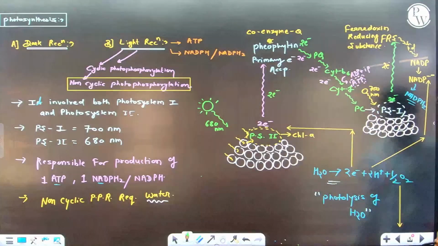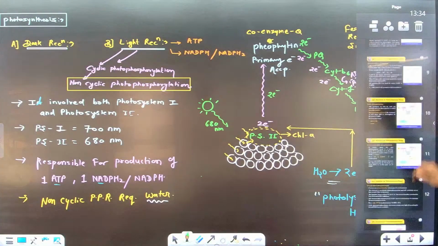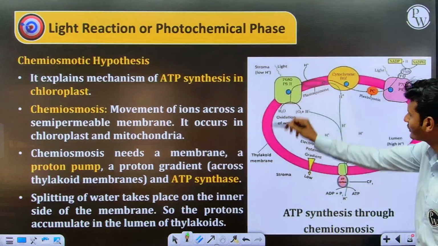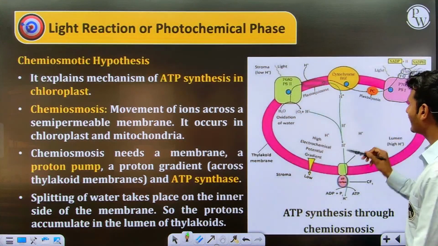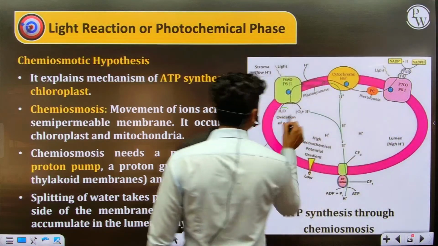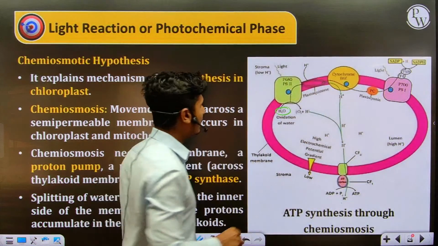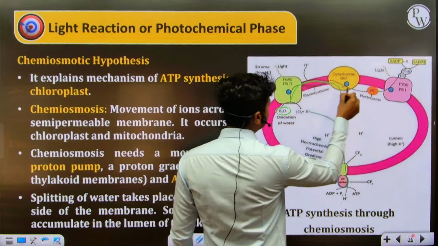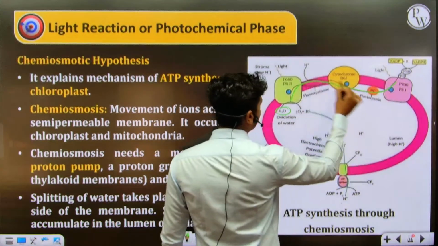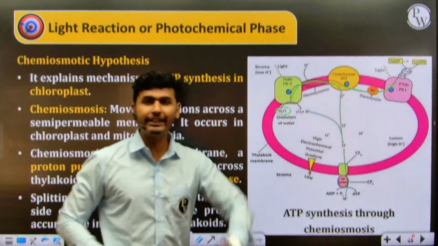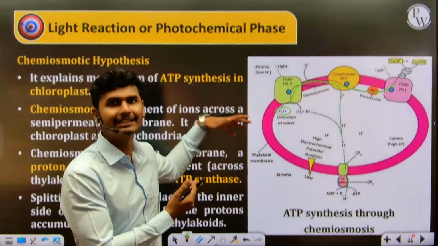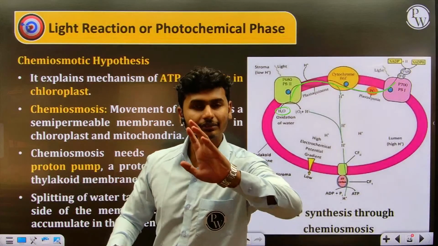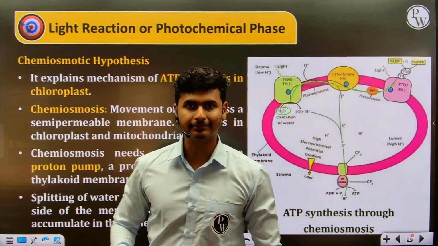So in the chemiosmotic hypothesis, we understand that this is the outer surface of the thylakoid, this is the inner surface. On the inner surface, there is an H2O splitting complex. And there is PS2 from which an electron is transferred to PS1. And due to the transfer of electrons, we told before in non-cyclic photophosphorylation that 1 ATP molecule is produced, but it is not produced directly.